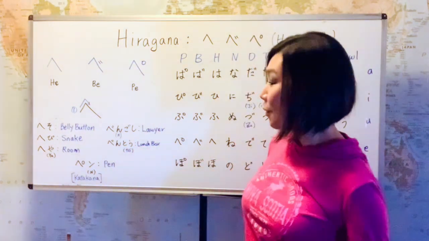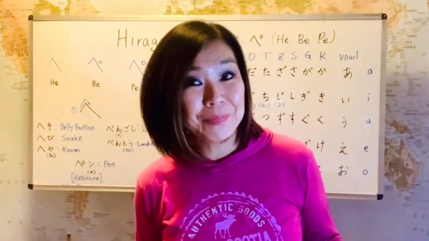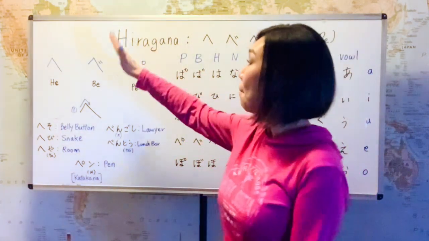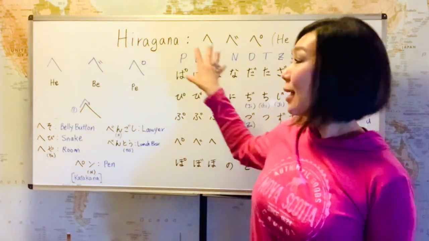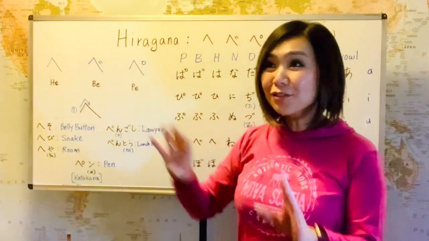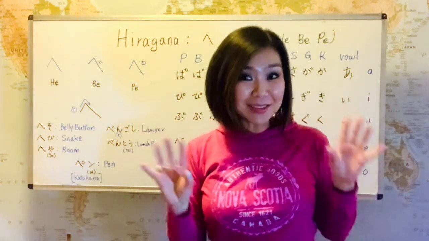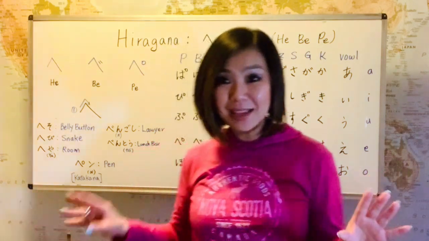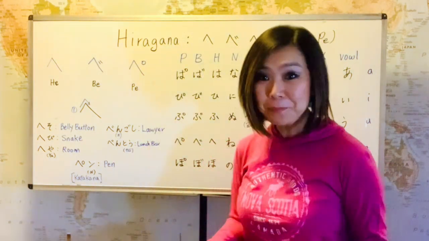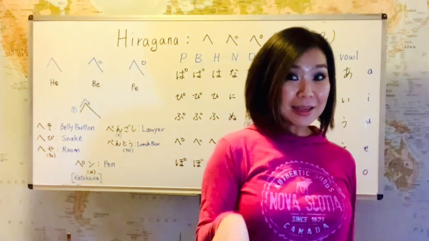And then for the last one, we're going to learn some katakana. So he, be, pe are written exactly the same in katakana. So you don't have to remember new katakana because he, be, pe are written exactly the same in hiragana and katakana, okay? So we're going to learn some katakana here.